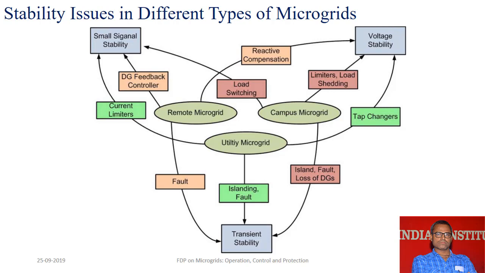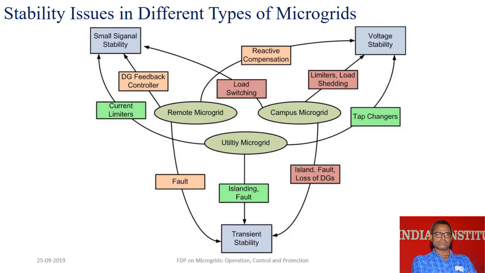We can see how, because of these phenomena, the utility microgrid can have these stability issues: voltage stability, small signal and transient stability, through current limiters, tap changes, and islanding fault, right?